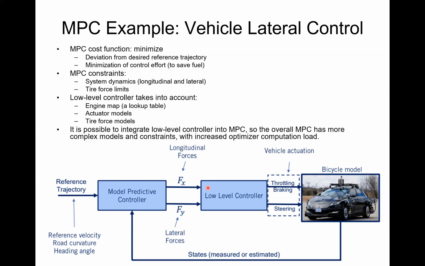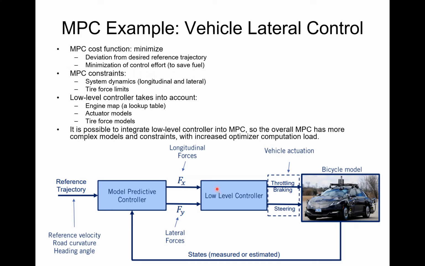The low-level controller takes into account the engine map, that is, how much force the engine can produce by controlling the gas pedal, and also the actuator models, the physical part of the actuator, and the physical model of the tire. Then it issues the throttle, braking, and steering commands to the vehicle.